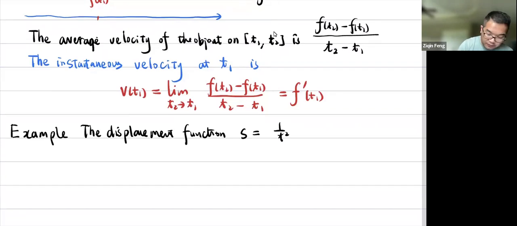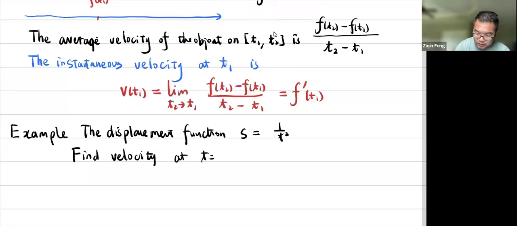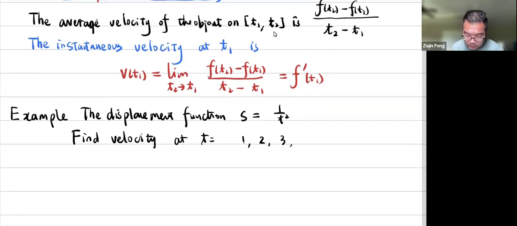We want to find the velocity at t equal to 1, 2, 3. Not 0, because the function here is not defined at 0, only defined at positive times.